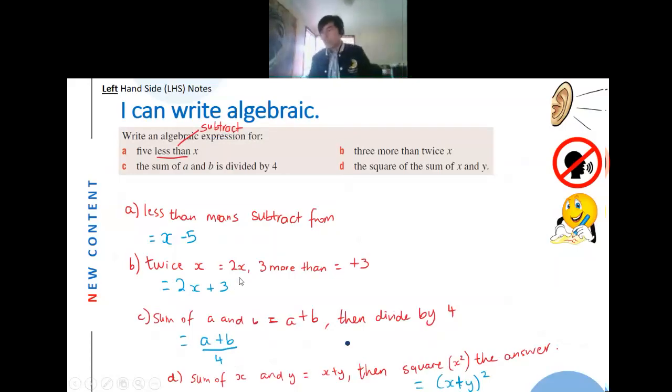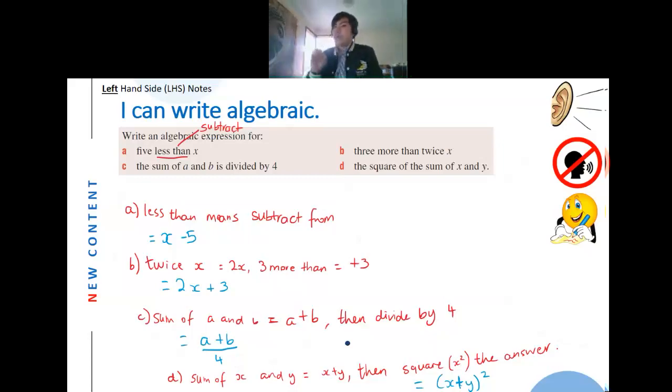All right, so here's another example. So we need to write an algebraic expression for 5 less than x. Now, this is actually a tricky one. The first one, 5 less than x.